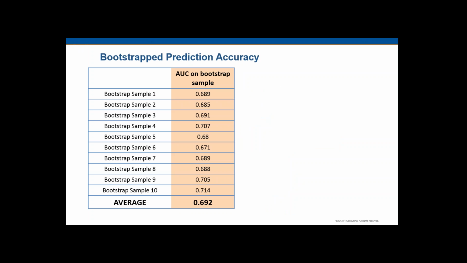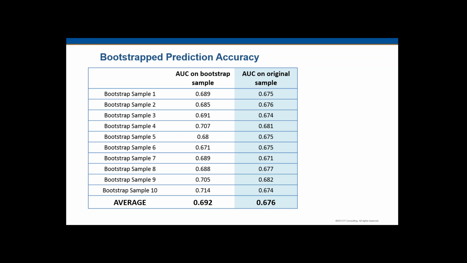So this is what it looks like with our bootstrap samples. These are the AUCs from scoring the bootstrap samples that were used for training the model, and these are the AUCs from scoring the original full sample. As expected, the average of these is lower, indicating less accuracy.